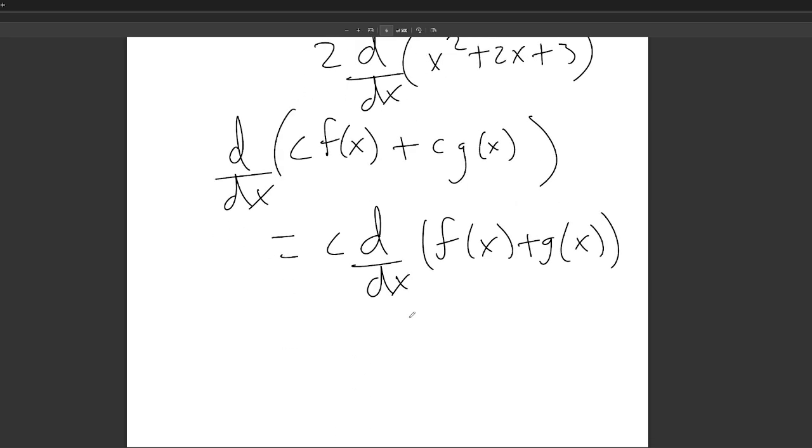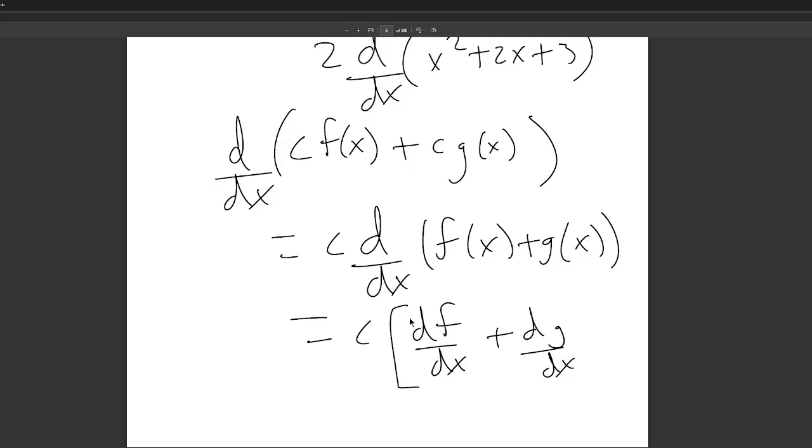We're not done yet. Based on the other property, it's c times df dx plus dg dx. Right? You have to distribute it. Does this make sense? Okay.